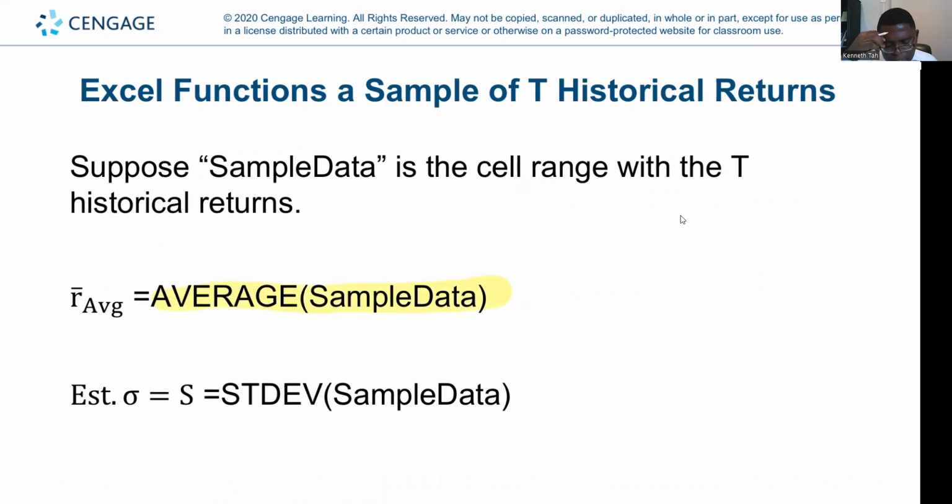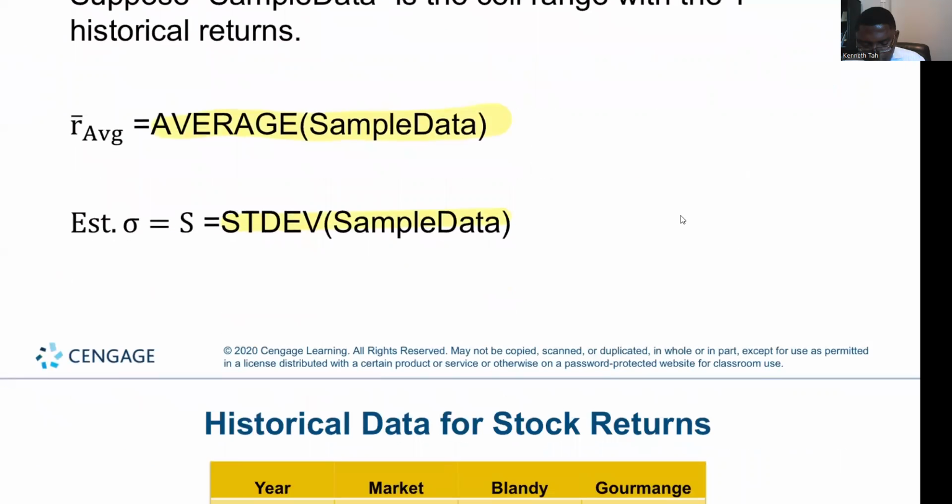That will just easily calculate the average return for us. If it is the standard deviation, we enter STDEV, and then we drag in the sample data and it will calculate for us the estimated standard deviation.